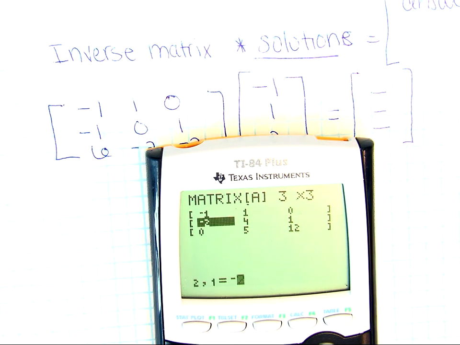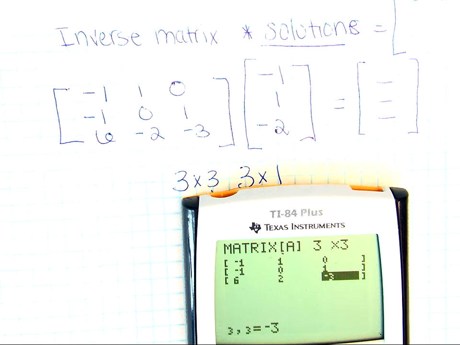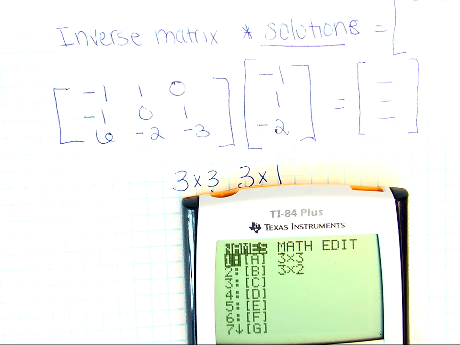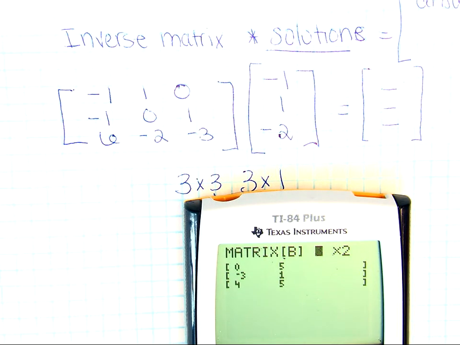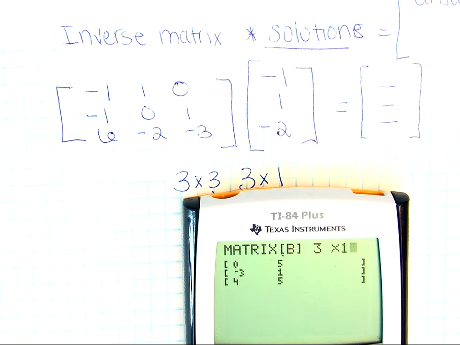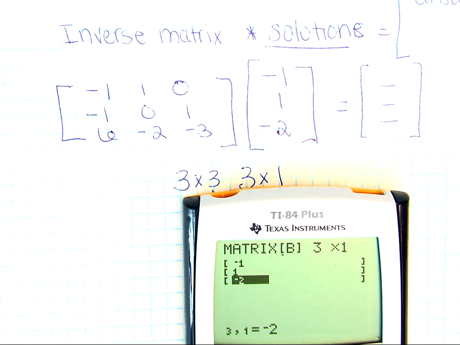And if you just type, it will type directly over your answer. Okay, so there's my inverse matrix entered. Now I'm going to go back to matrix, and I'm going to edit the second matrix. And I want that to be a 3 by 1. Okay, there's my second matrix, and I'm going to quit.